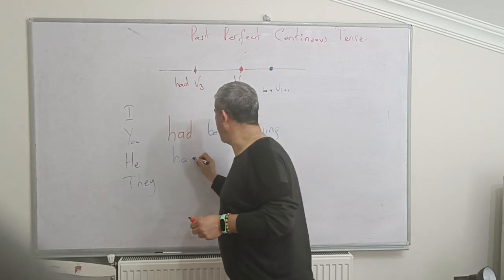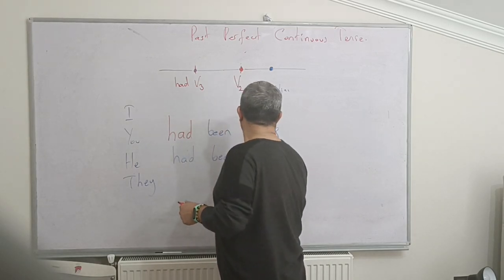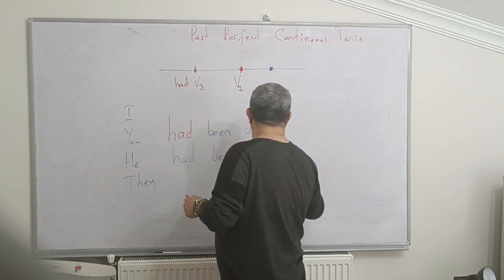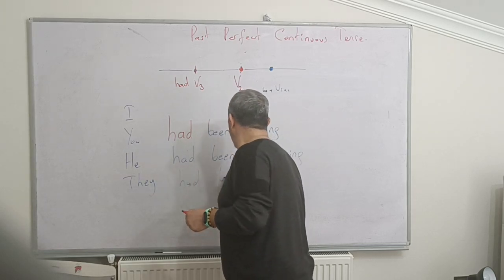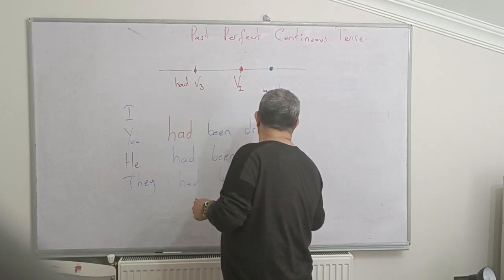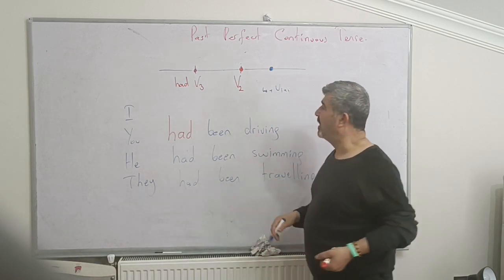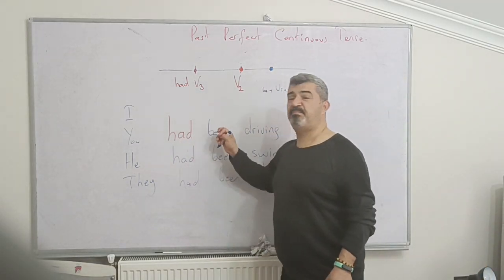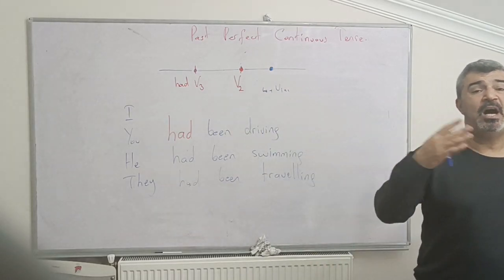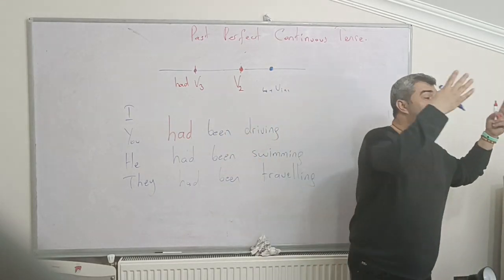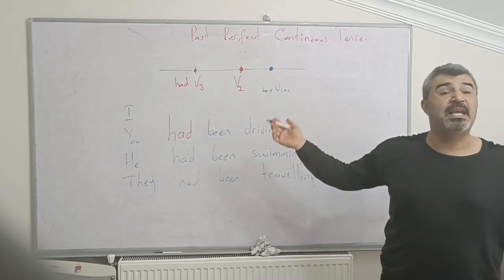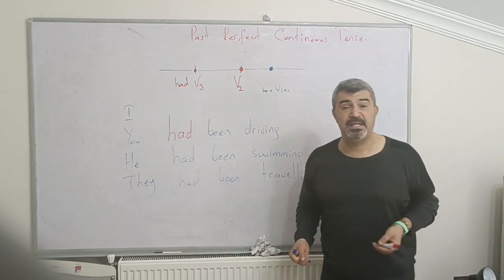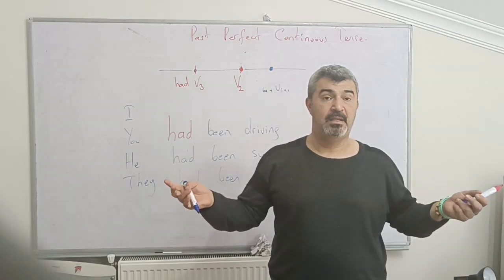You had been swimming. They had been traveling. So our structure is had been plus verb ing. I had been running, they had been playing, we had been singing, she had been traveling, they had been riding.